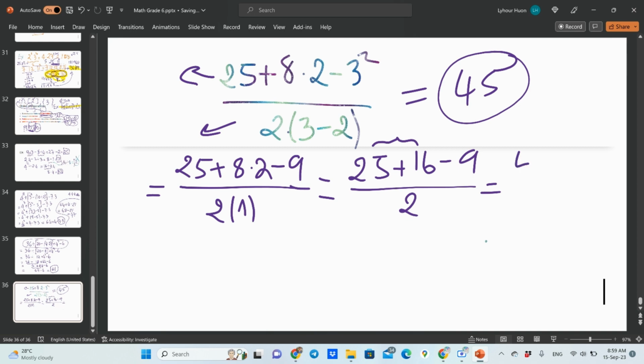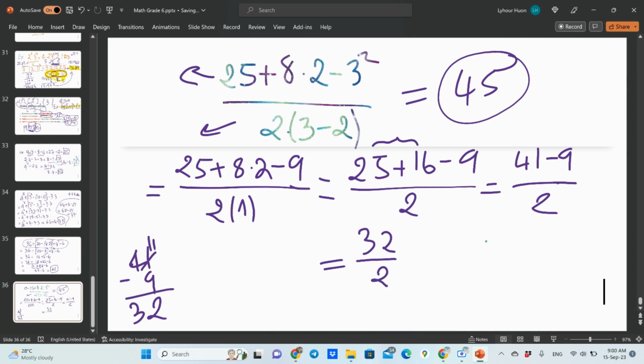I made a mistake again. 41 minus 9 divided by 2. 41 minus 9 is 23, I think. I actually subtracted it wrong again. It's flipped. That is 32, divided by 2.